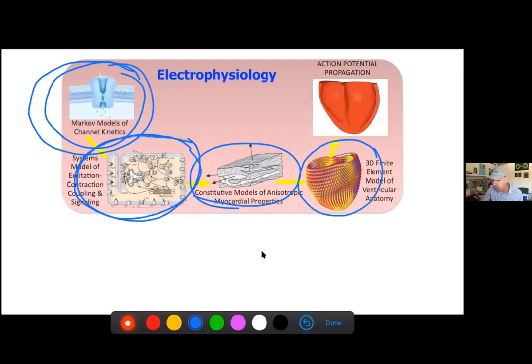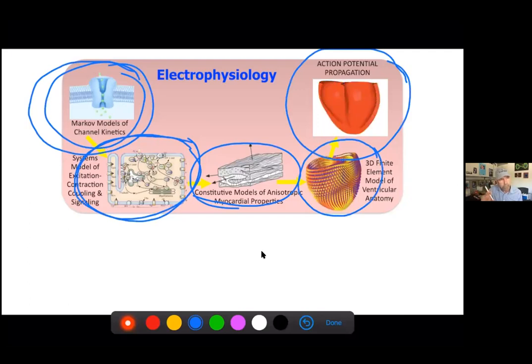And then we solve the three-dimensional equations that determine the spread of that action potential impulse in 3 dimensions to predict the electrical behavior of the whole, in this case of the left and right ventricles of the heart, as the impulse spreads.